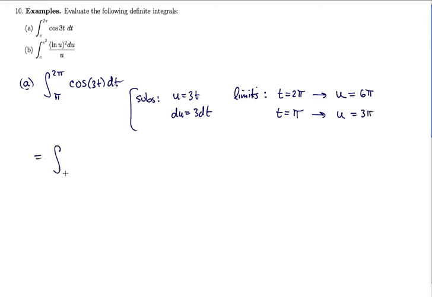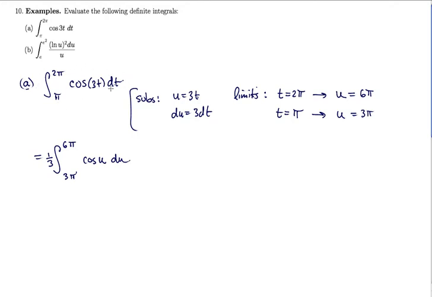So our new integral becomes the integral from 3 pi to 6 pi of cos of u, and then notice that the dt is now 1/3 du, so we've got this 1/3 out front. And so there's our new integral.